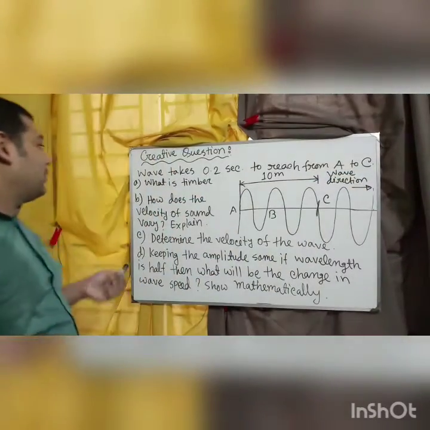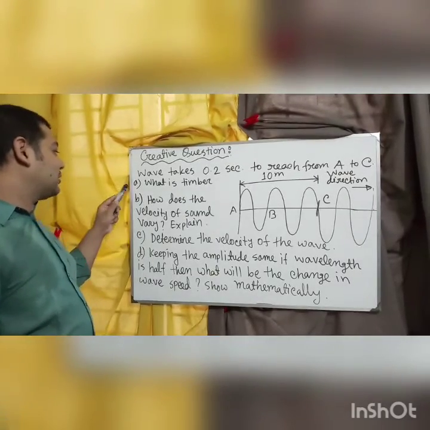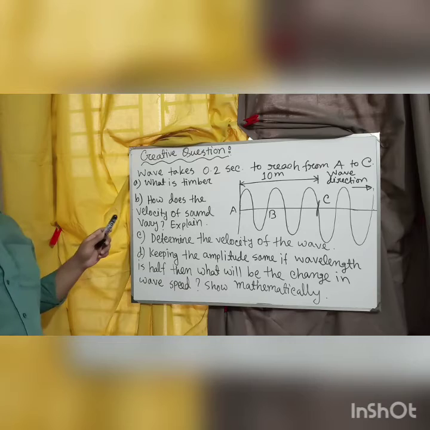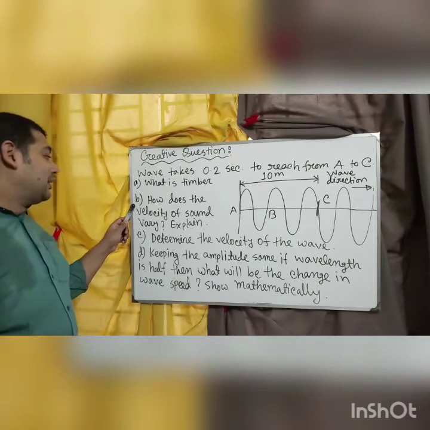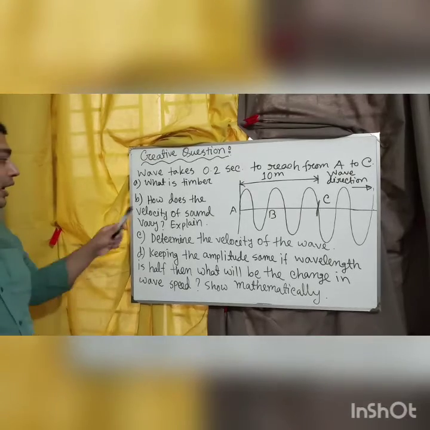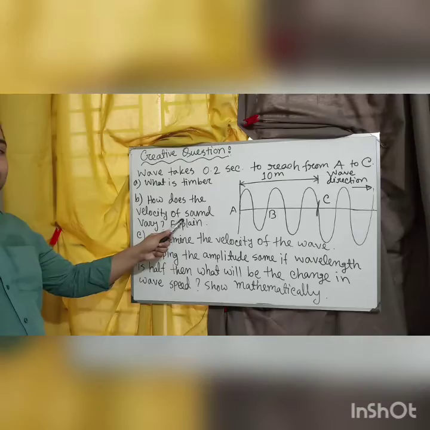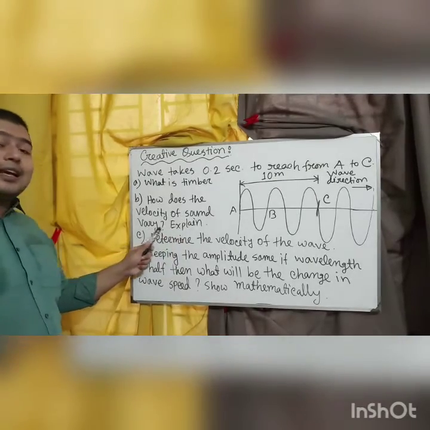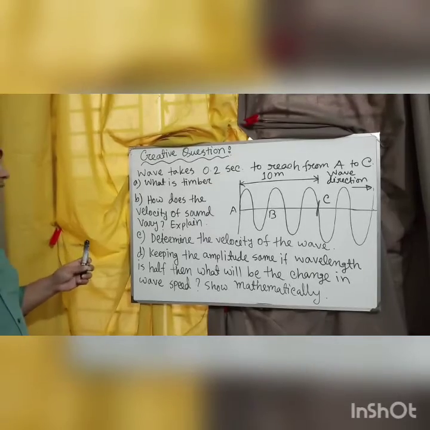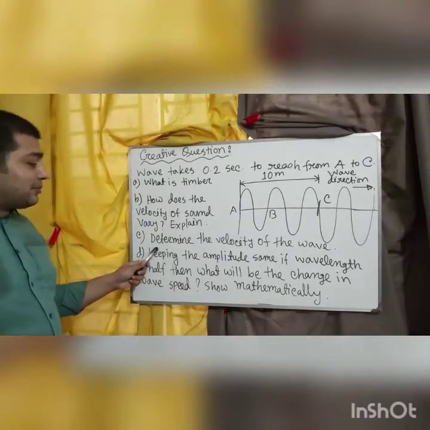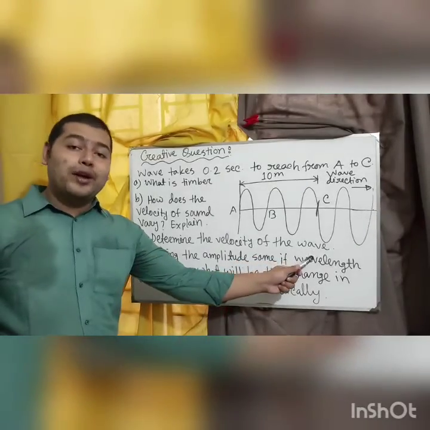Now our question number A is: what is timbre? Question number B is: how does the velocity of sound vary, explain briefly. Question number C is: determine the velocity of the wave.